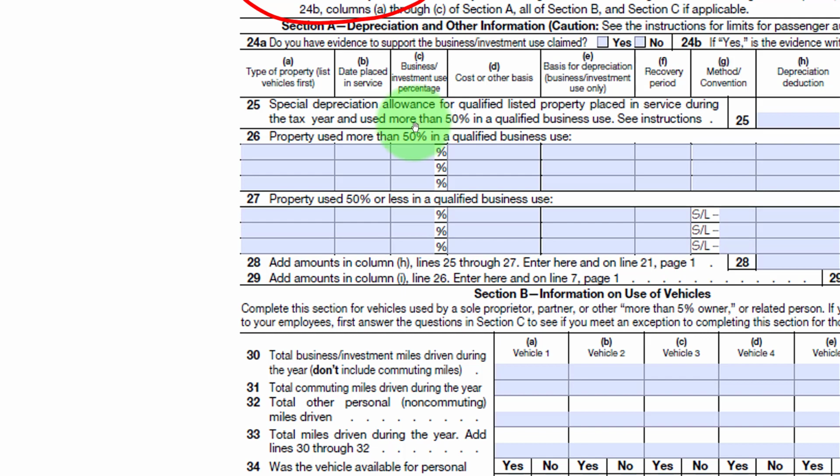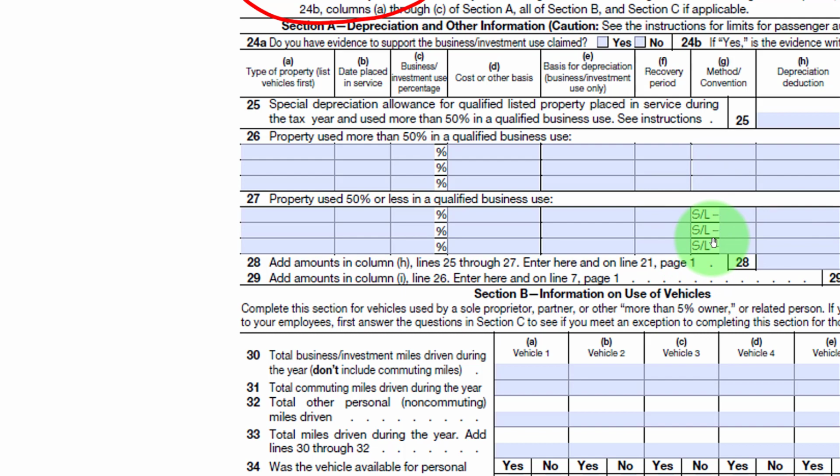My pen doesn't work when I zoom in, but here in lines 26 and 27 it mentions 50%. It really should be more than 50% to treat that business portion using the MACRS calculation. Otherwise, if it's 50% or less, then you have to use basically straight line, which you can see here in line 27, with a longer life.